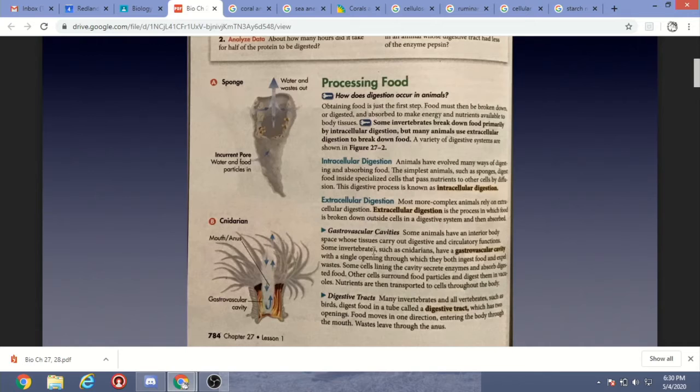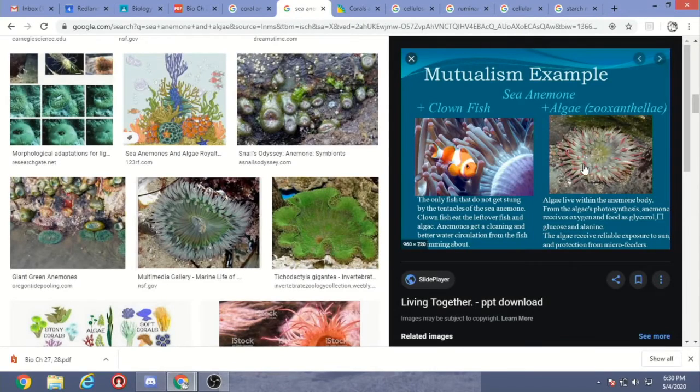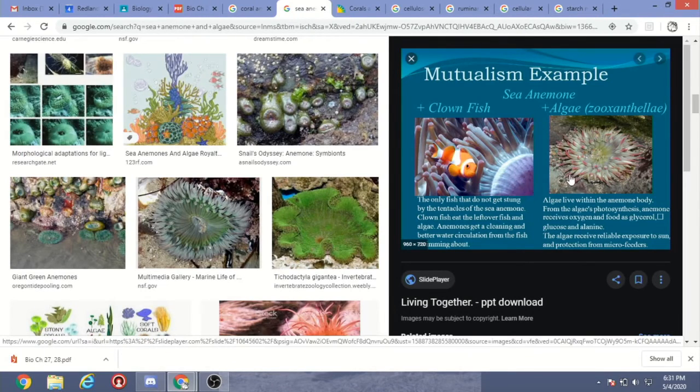And so what does that look like? Well, for the simplest of organisms, you could have just a gastrovascular cavity like you see here in the cnidarian. That's the sea anemone that we just looked at. Basically, the way they feed is they have this opening in the middle.